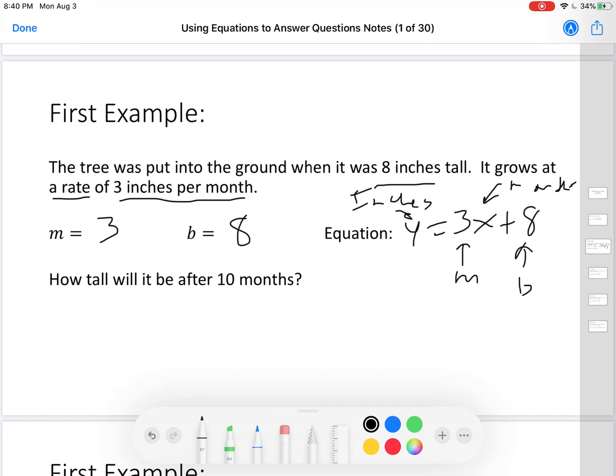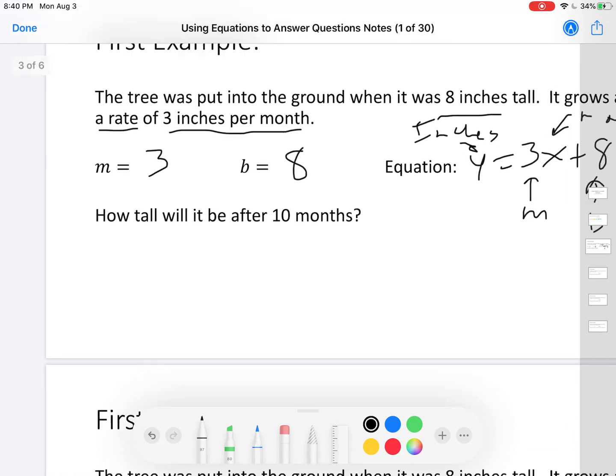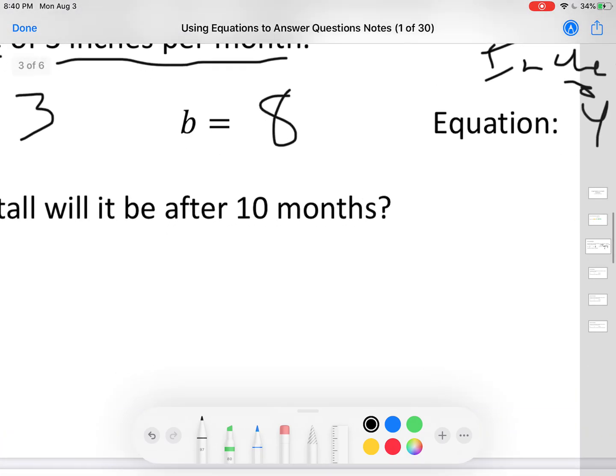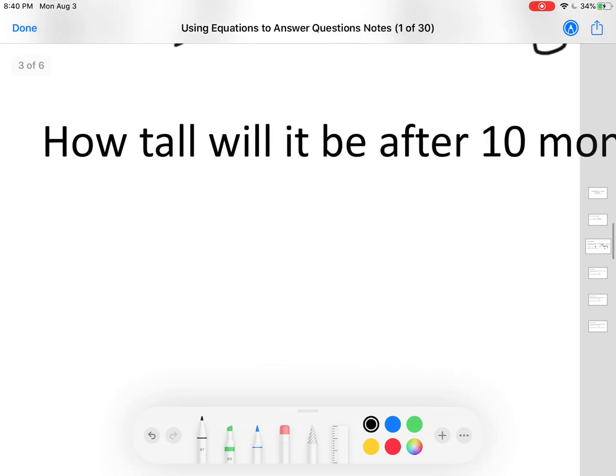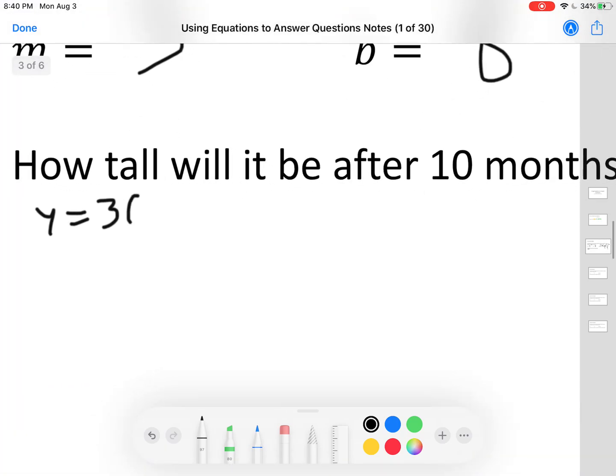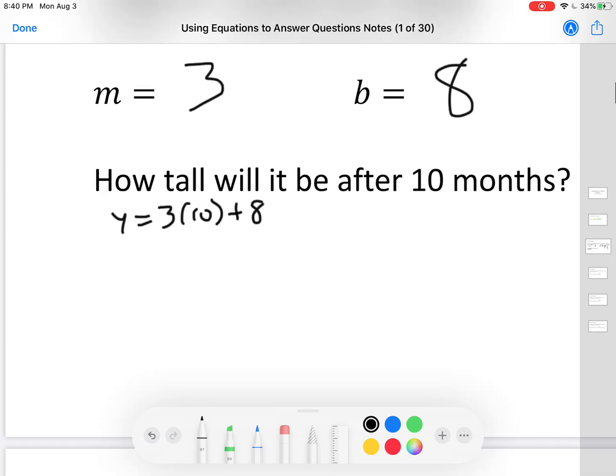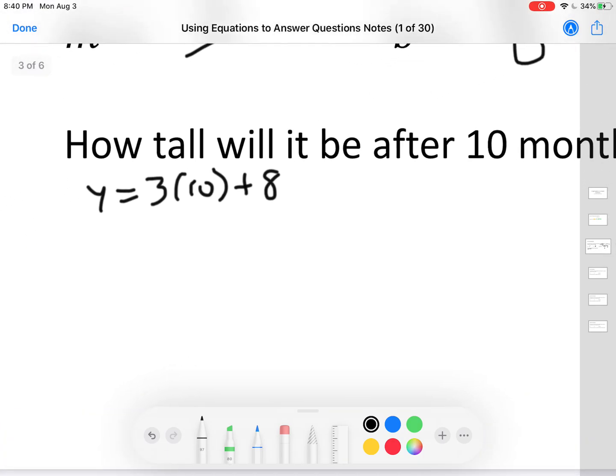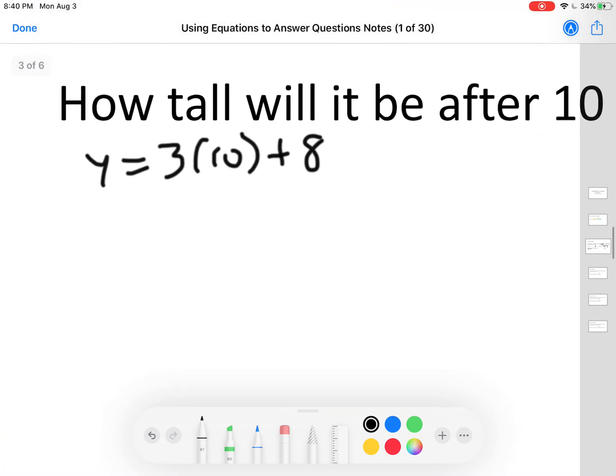All right, so let's use 10 months. We'll go where x goes because x is the number of months. So it will be y equals 3 times 10 plus 8. All I did was use the same equation but substitute 10 in for x.